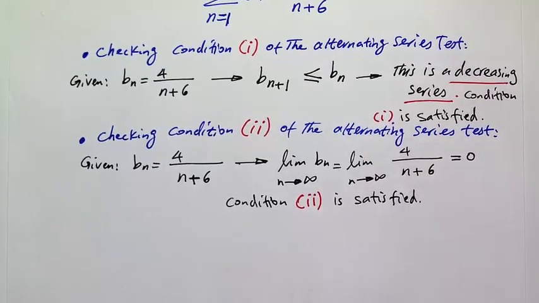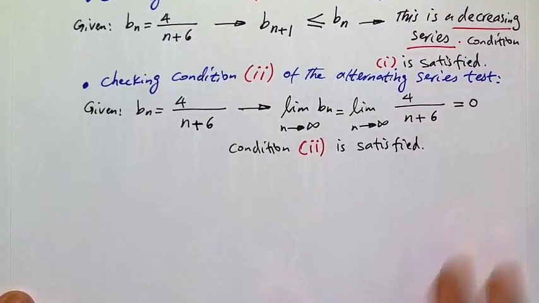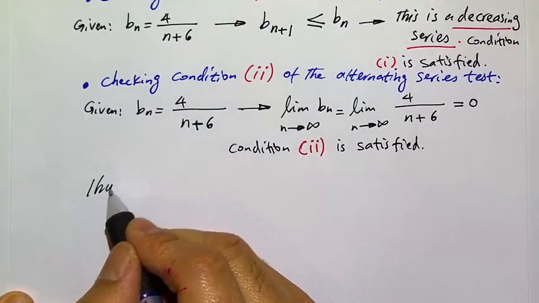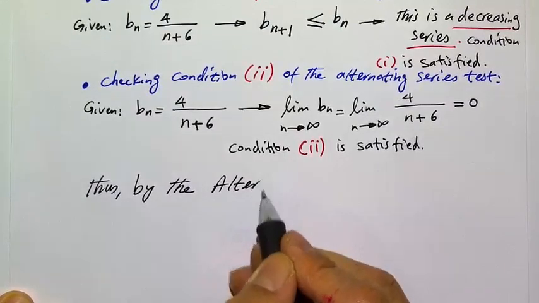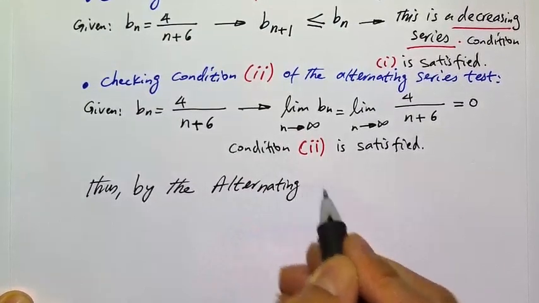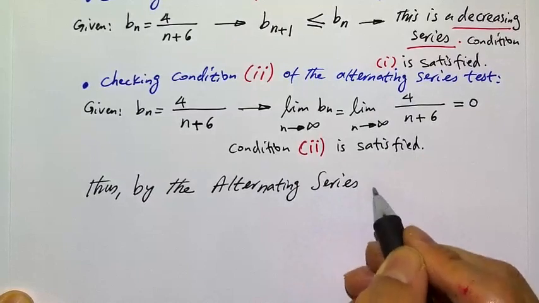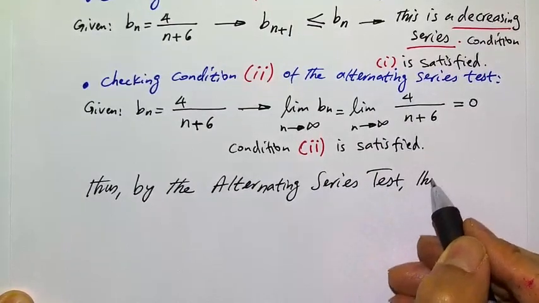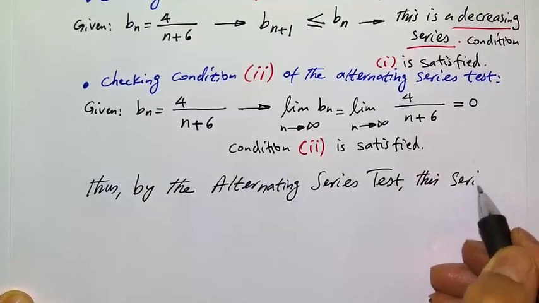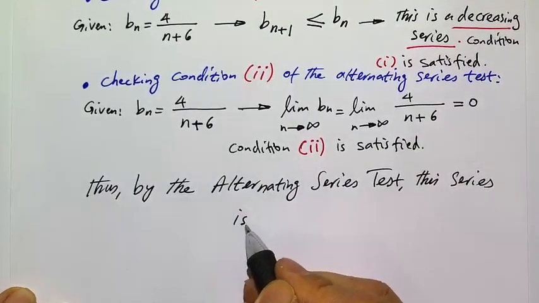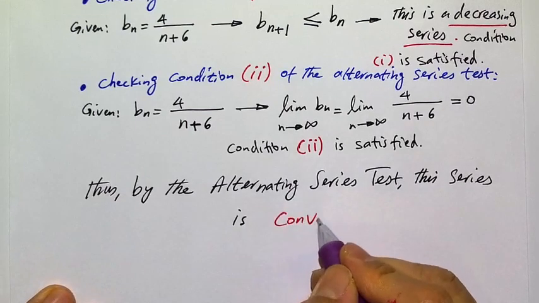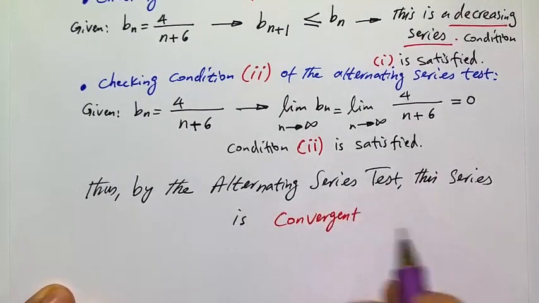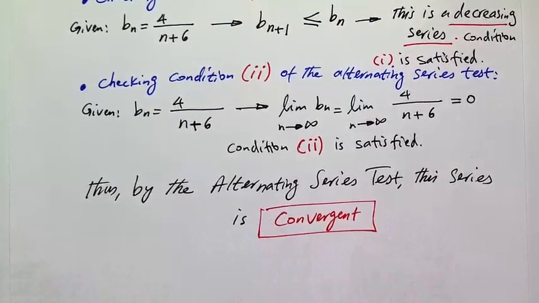Okay, so by the alternating series test, this series is convergent.